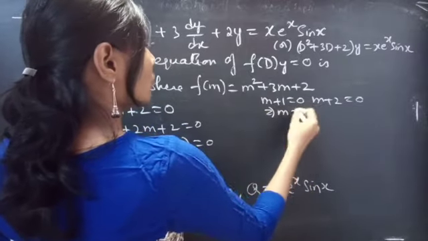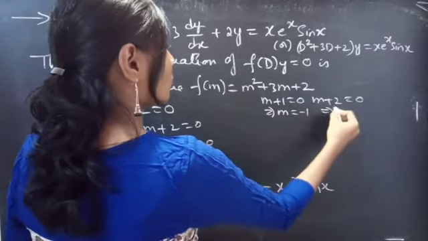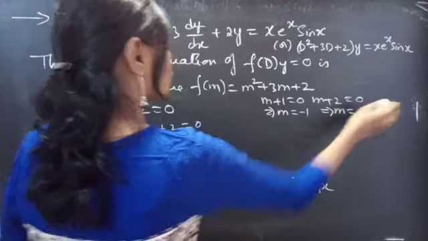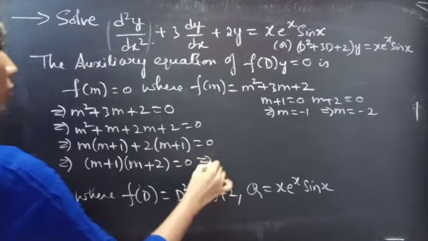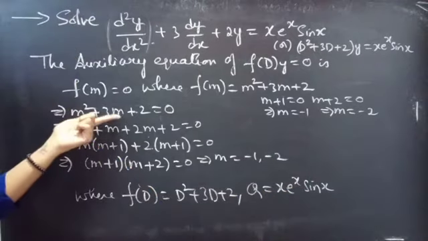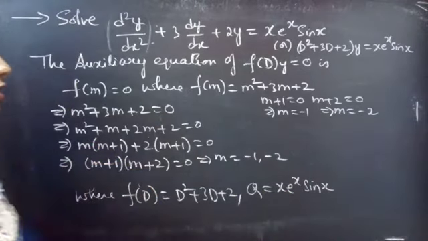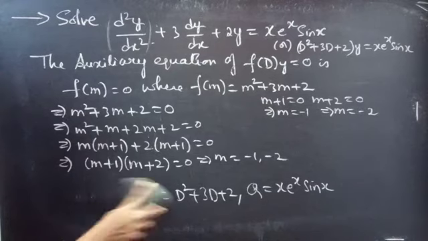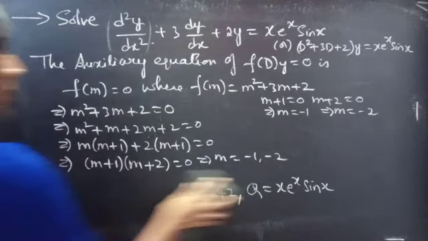Now equate each factor to 0. From m + 1 = 0, we'll get m = -1. From m + 2 = 0, we'll get m = -2. Then m = -1 and -2 are the roots of our auxiliary equation, which are real and distinct.